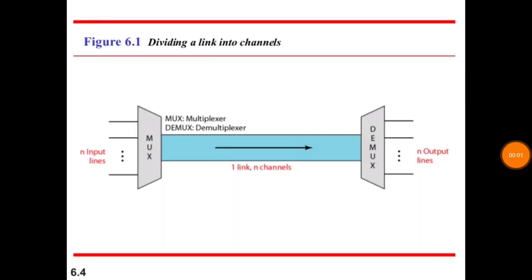Hello friends, today I am going to talk about multiplexing. Multiplexing is mostly used to reduce the number of cables, because in this diagram n number of input devices are connected with a mux.